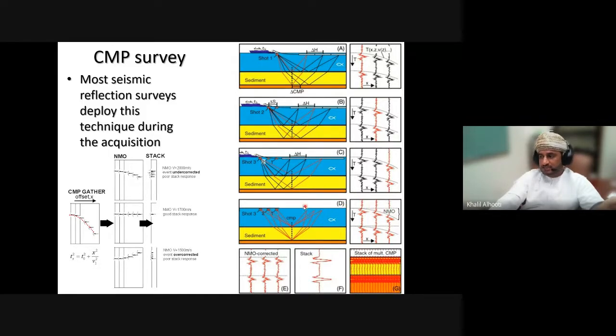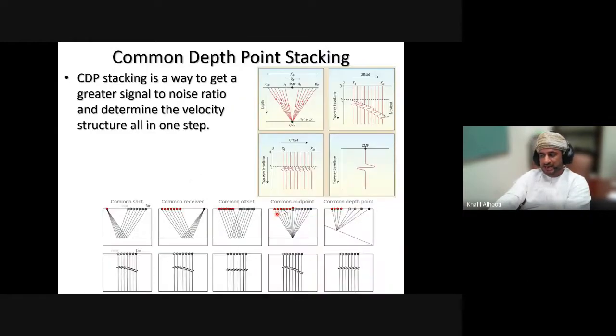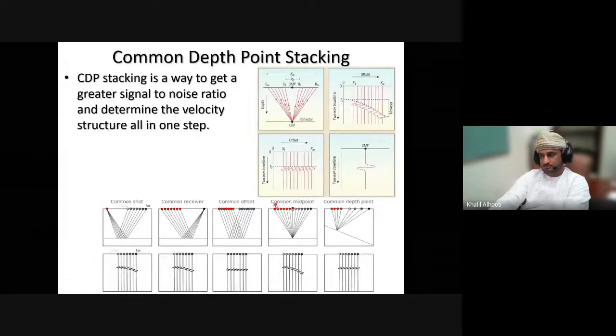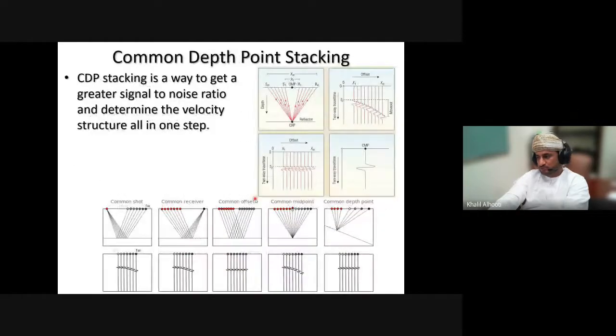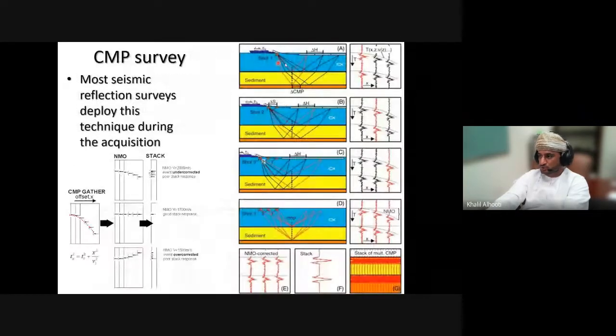I plot them in a different configuration. I plot them as common midpoints. So this trace, the second trace in the second shot gather, 1, 2, 3, they have the same midpoint.